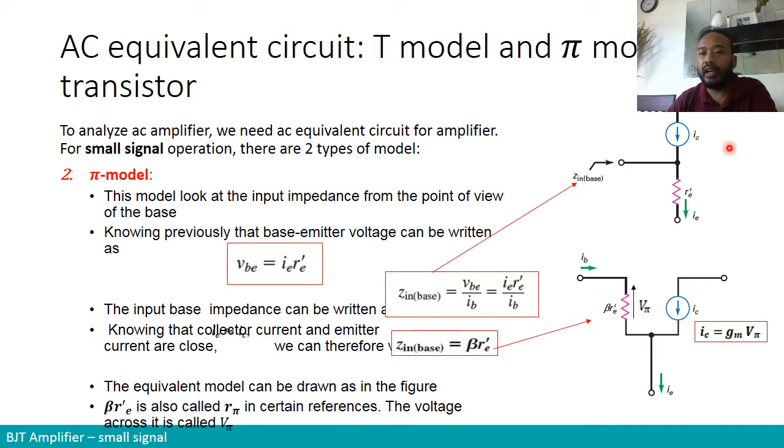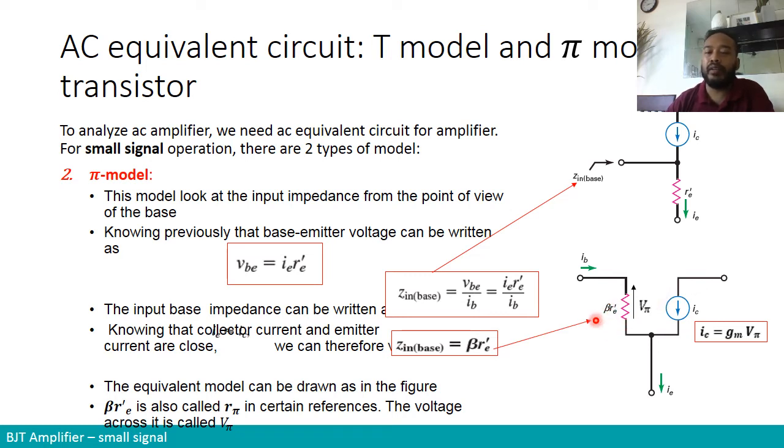Okay, so instead of having a model that looks like this, a T model, it can be transformed into a model that looks like this, which we call the pi model. Why the pi model? Because it looks somewhat like the symbol pi. So instead of having the resistor at the emitter, R prime E, now we include it at the base, representing the whole impedance of the BJT, and it is equal to beta R prime E, right?